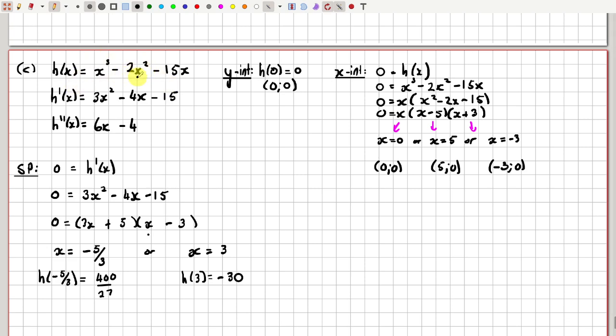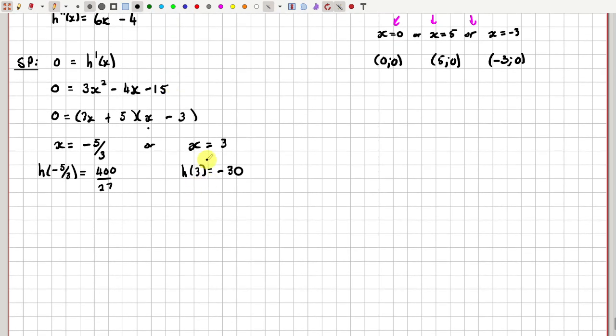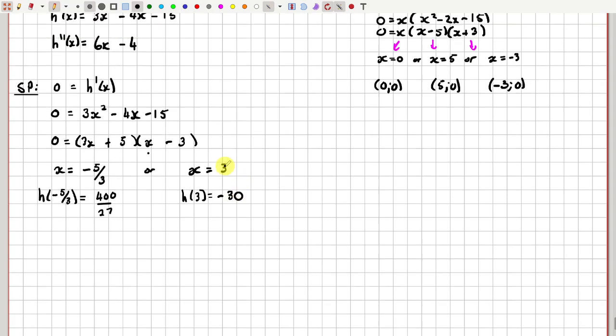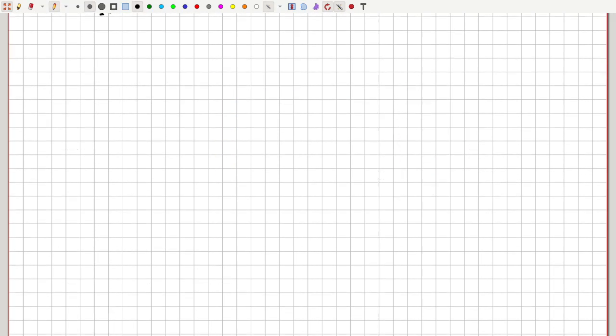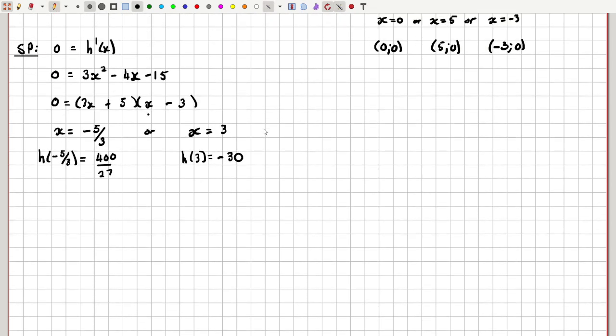That's, oh, so that's 18. And that's, okay, so that should be 36. Let's see. 36 sounds good to me. Minus 36. Like so. Okay, cool. So we've got the stationary points, and let's get the point of inflection now.